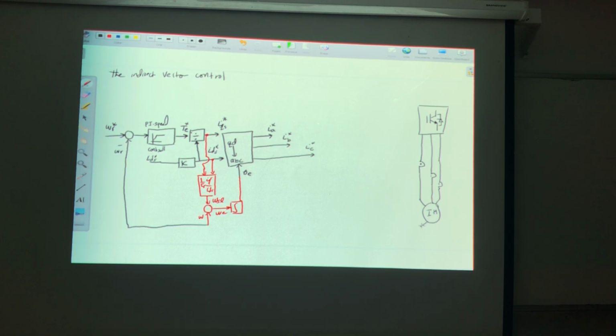Here I have access to the tacho generator, and this will be omega R. Don't forget to multiply it by P over 2 in order to convert omega R mechanical to omega R electrical. Otherwise, you need to multiply by P over 2 if this one is the mechanical reference speed.